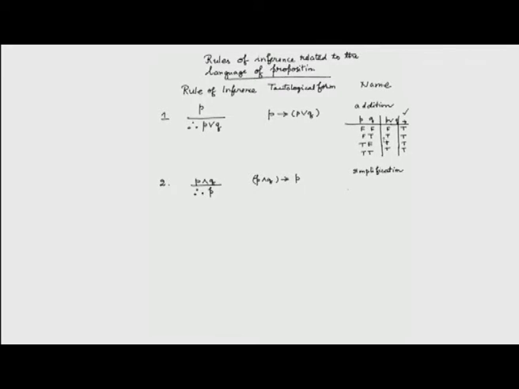Now, we can again draw a truth table to check that it is indeed a tautology. For that, we take all the possible values of P and Q, which are FF, FT, TF and TT, then P and Q, and finally, P and Q implies P. P and Q is of course F, F, F and T, and here we see that if the antecedent is false, then the implication is always true, and at the end the antecedent is true and the consequent is also true.